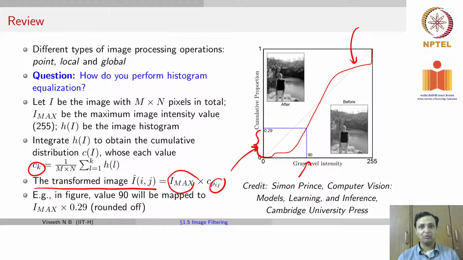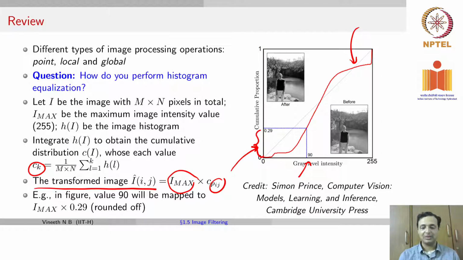An intuitive way of understanding histogram equalization is you try to look at the distribution of intensities in your particular image, and let's say a lot of your intensities were lying between 200 and 250, which means for a pixel with intensity 90, there would not be much cumulative distribution in that space, and hence in the histogram equalized image it would get a lower value than another pixel with a higher intensity.